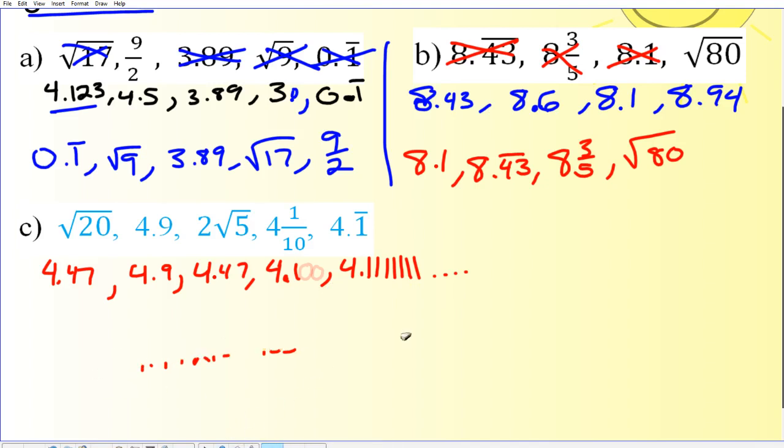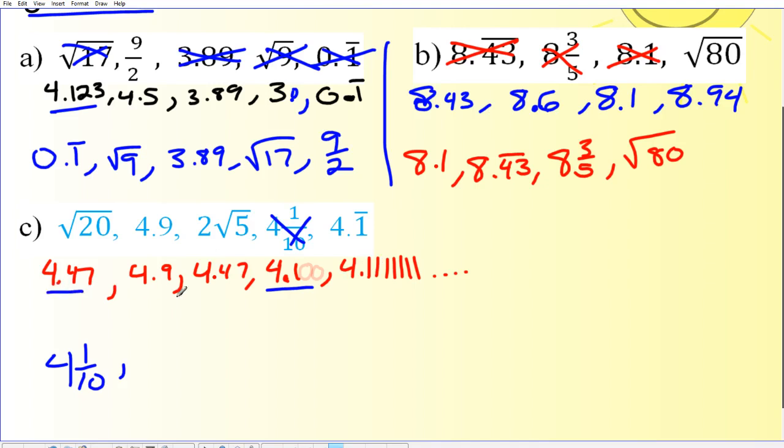All right, so order from least to greatest. Smallest of these: 4.4, 4.9, 4.4, 4.10, or 4.11. 4.10 is smaller. 4.4, 4.9, or 4.1?